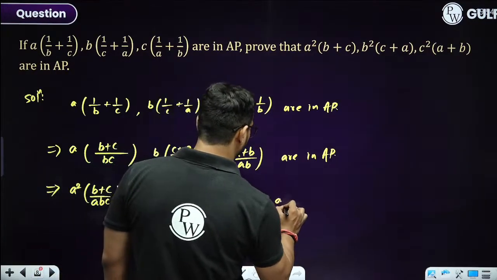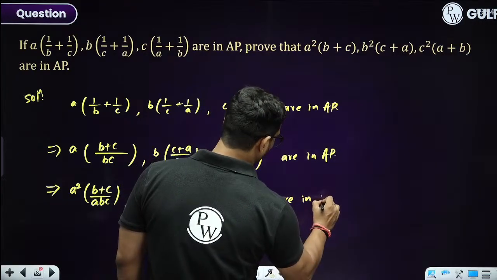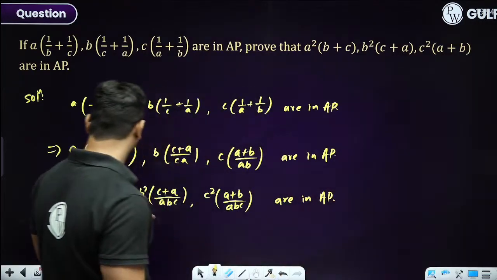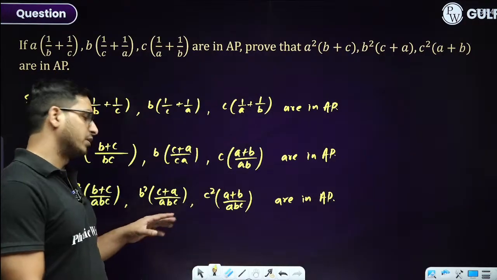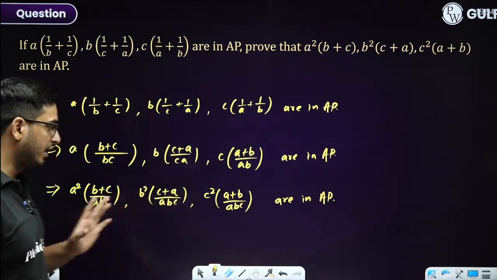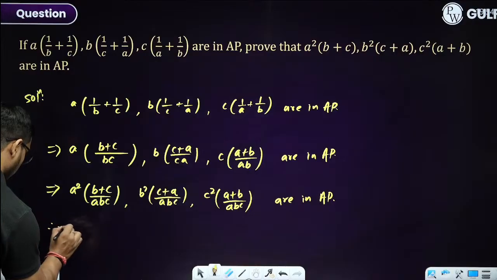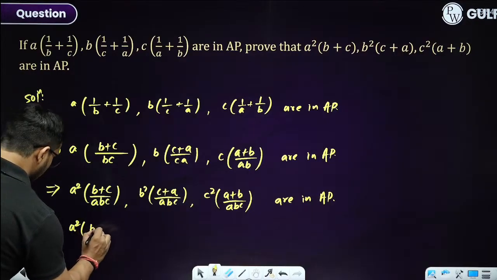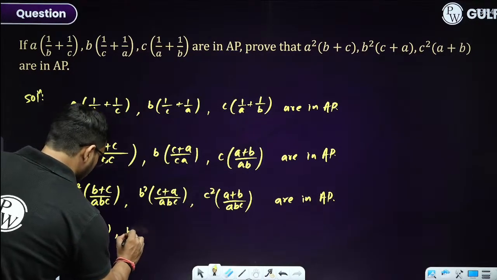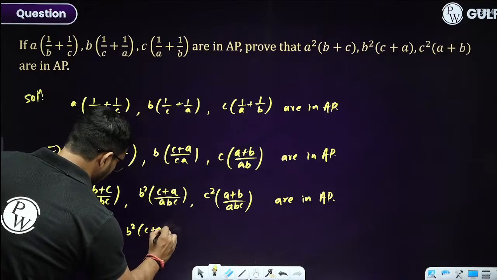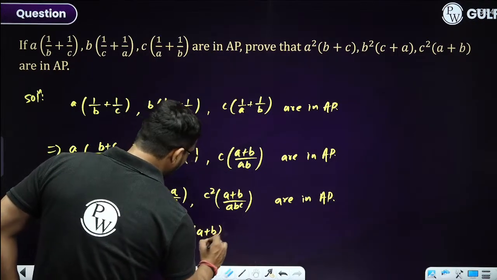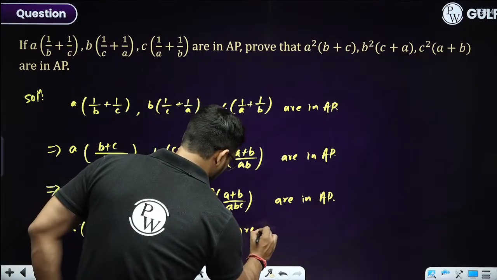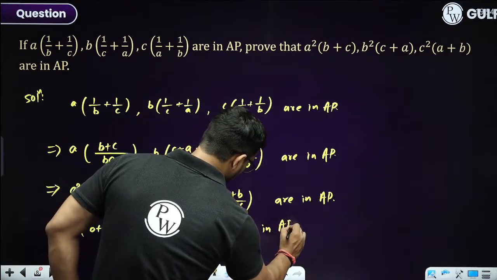They are in AP, and I hope you know now what to do. We have ABC common in all of them. We can get rid of that, eliminate that, right? So therefore, A square (B plus C), B square (C plus A) and C square (A plus B) are in AP.